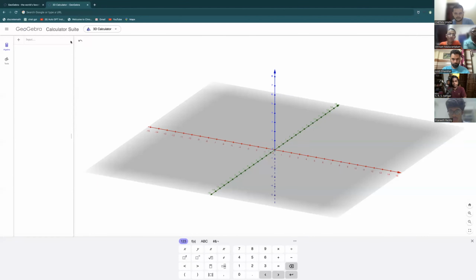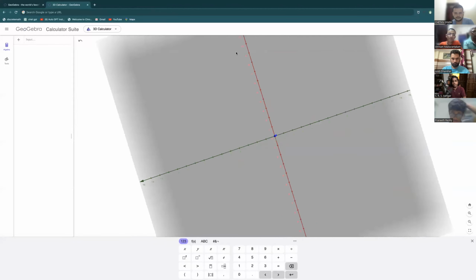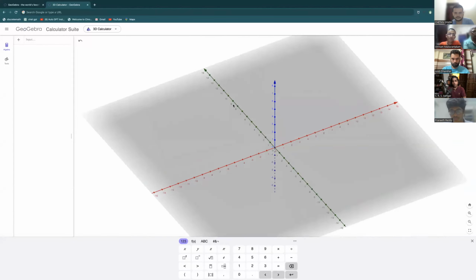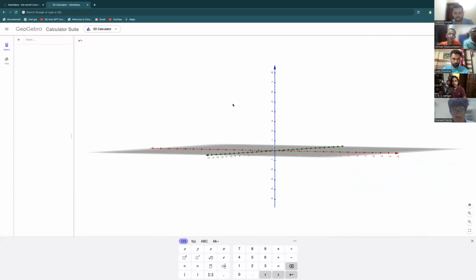I hope you all are done. Here, let me draw a small plane. You see, I can move around this.